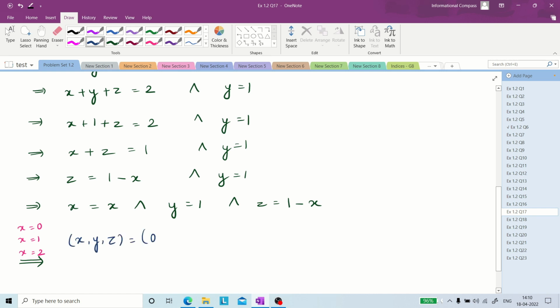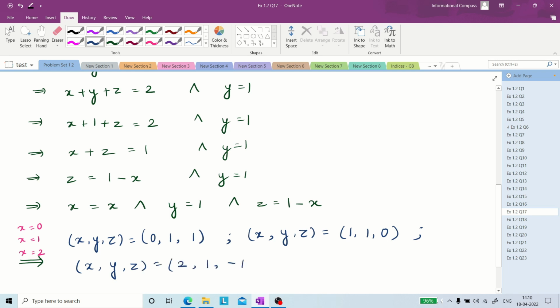That is 0, 1, 1. Then the second one, when x is equal to 1, it is going to be 1, 1, 0. And for the third, when x is equal to 2, we will have 2, 1, minus 1.